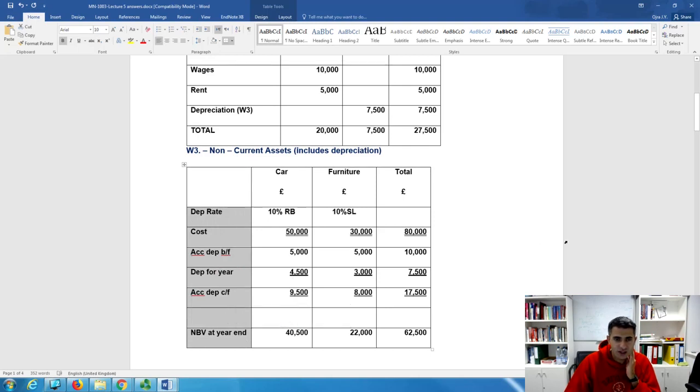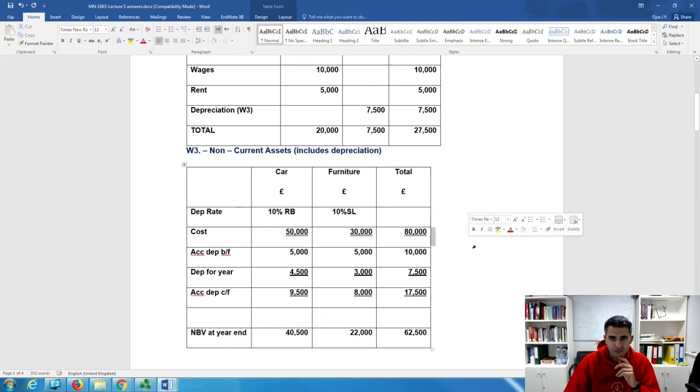So all the time you write depreciation rate, cost, accumulated depreciation brought forward, meaning beginning of the year, depreciation for the year, accumulated depreciation end of the year, carried forward, meaning end of the year, and we have the NBV, which is the net book value.